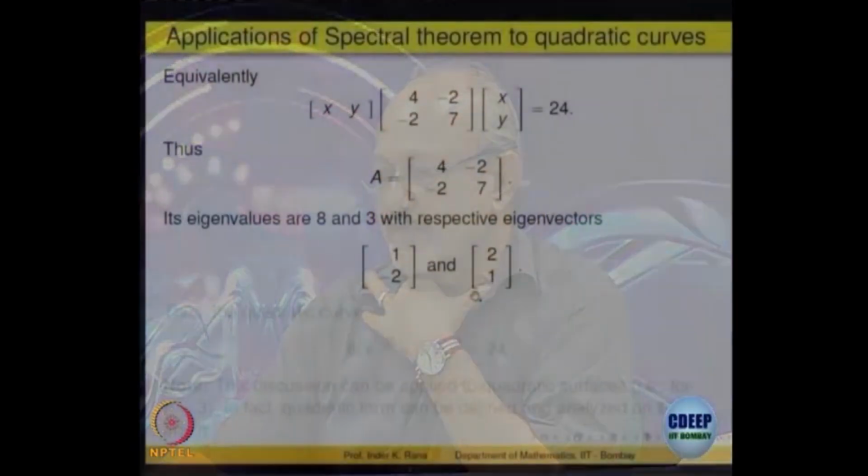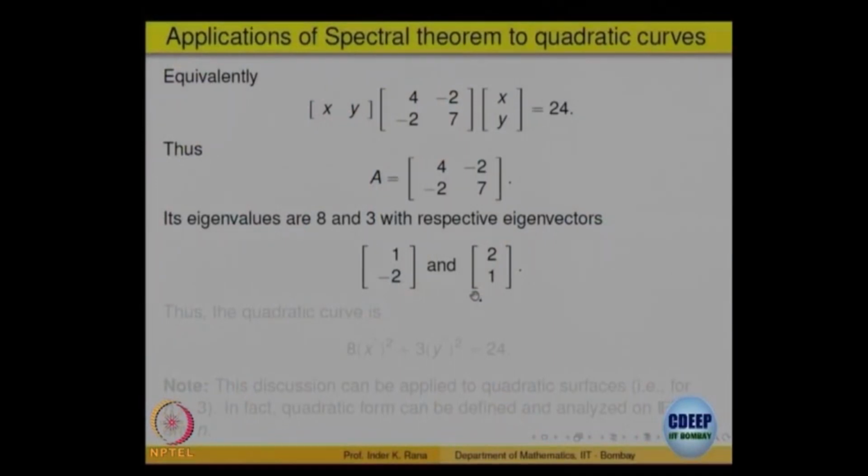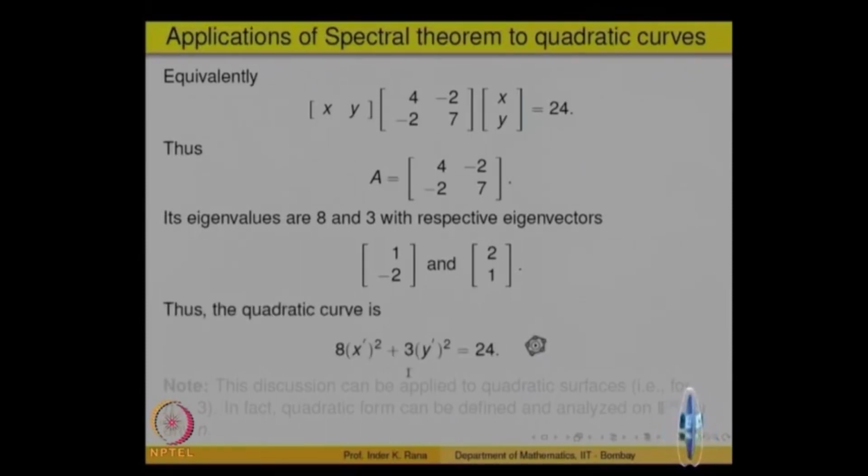So, what will be your curve? What is the transformed curve? Lambda 1 x dash square plus lambda 2 y dash square. That is your curve in the transformed form, in the new variables x dash, y dash, where if you look at this matrix P, applied to x y it is equal to x dash y dash, that is your new variables.